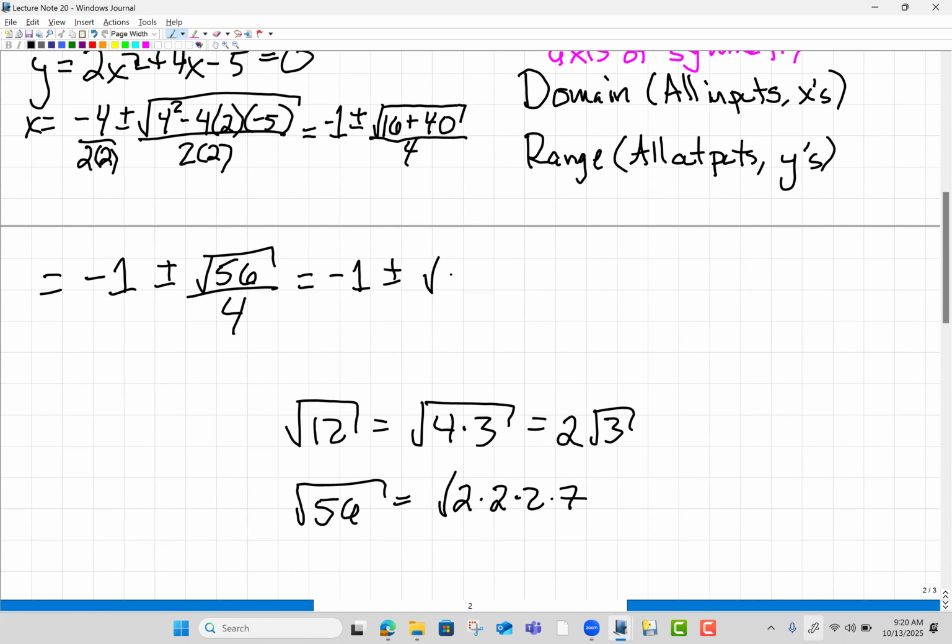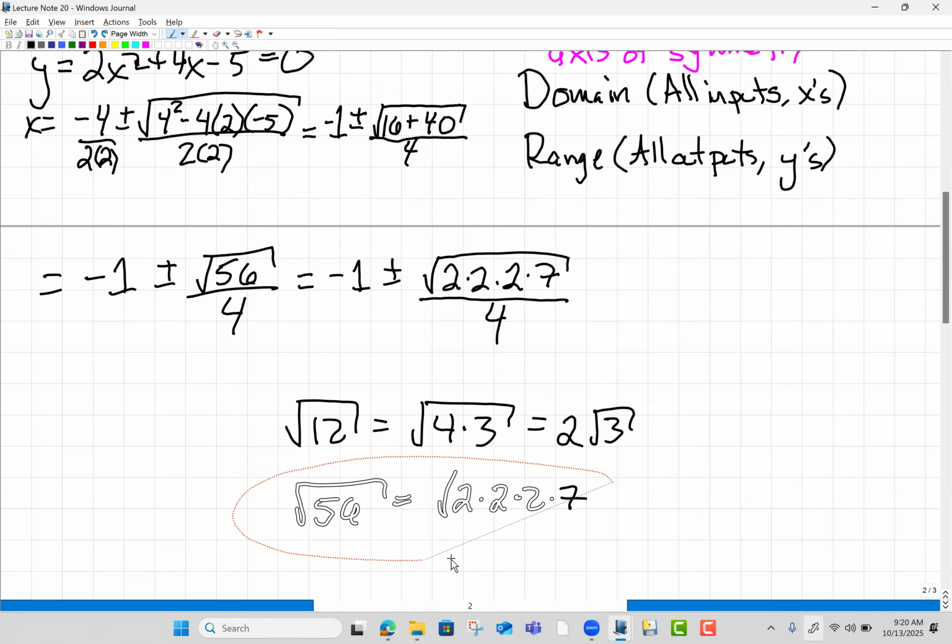So let's go ahead and do that. 2 times 2 times 2 times 7. So if I really am uncertain how to deal with this, prime decomposition, okay? Because now I can look at it. If I have a duplicate inside, that right there is 2 squared. You see that?